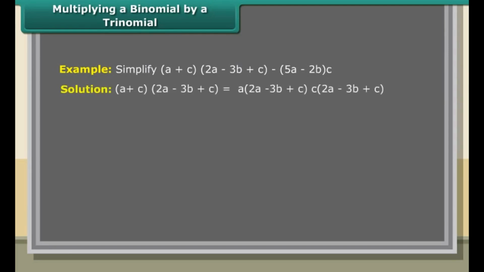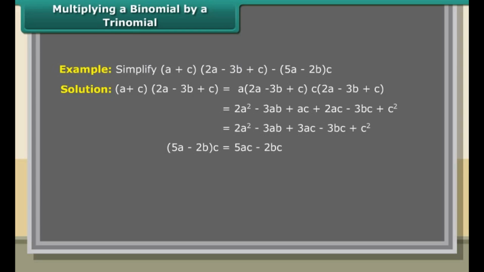Solution. (a plus c) into (2a minus 3b plus c) is equal to a into (2a minus 3b plus c) plus c into (2a minus 3b plus c), which is equal to 2a square minus 3ab plus ac plus 2ac minus 3bc plus c square, which equals 2a square minus 3ab plus 3ac minus 3bc plus c square.